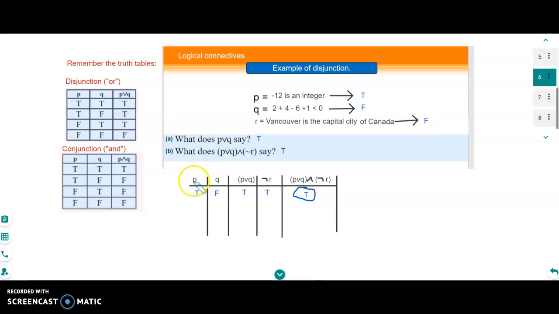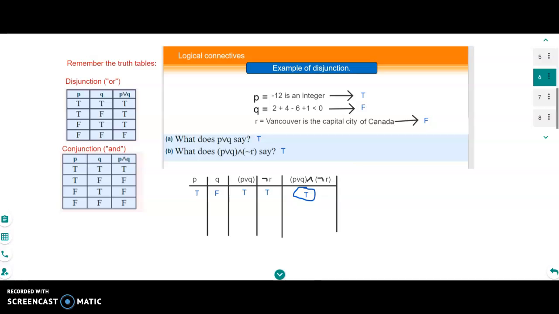First P, then Q. We can also add R, but here we are interested in negation of R. Then P or Q, which we also need. And finally the whole proposition, the conjunction between these two. It will be true and true, so the final answer is true.